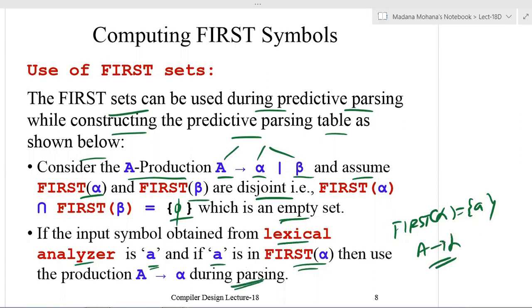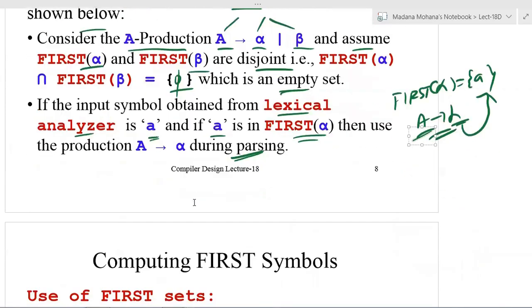So whenever a terminal corresponding to variable A occurs, then you can use the corresponding production A derives alpha. This can be used during construction of the predictive parsing table.